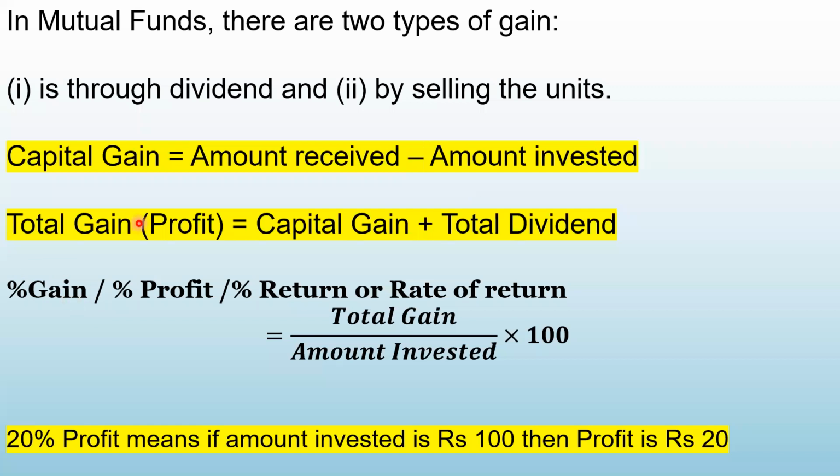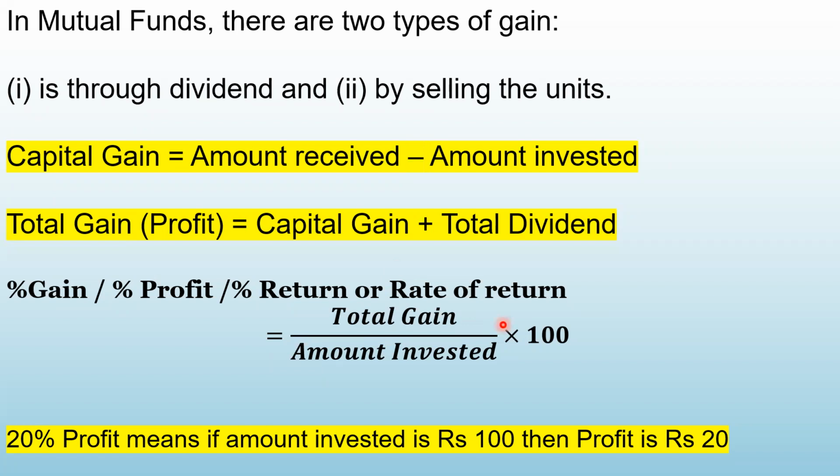Now total gain does not give the person a clear idea of how much profit or gain a person has got in mutual fund. But when you say percentage gain, it gives a fair idea. So what is percentage gain? It is also called as percentage profit or percentage return or rate of return. All these things are same. How is it calculated?